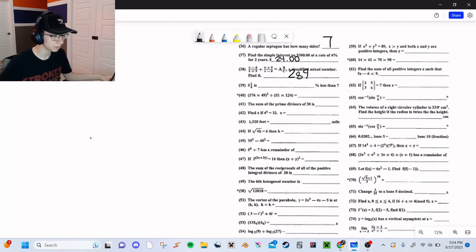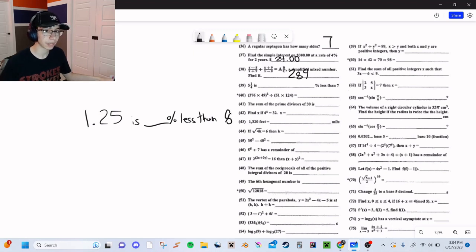But let me show you an example of what I mean. Maybe something a bit easier to understand. A decimal. If I said 1.25 is blank percent less than 8, this might be a bit tricky to work out, dealing with decimals.